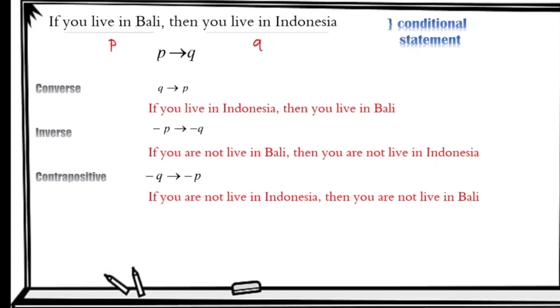Okay, that's all. Now, what about the truth value of the statements? With this example, we know that the conditional statement is true because Bali is part of Indonesia. So "if you live in Bali, then you live in Indonesia" is true.